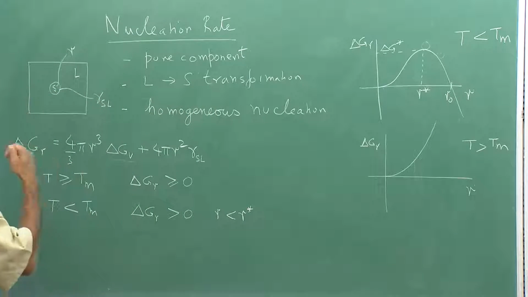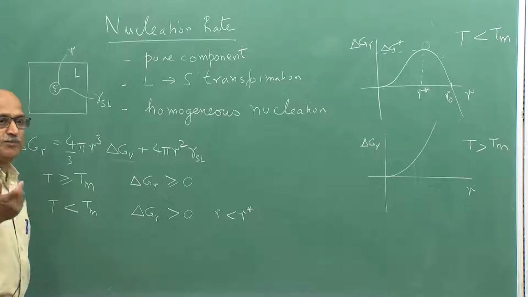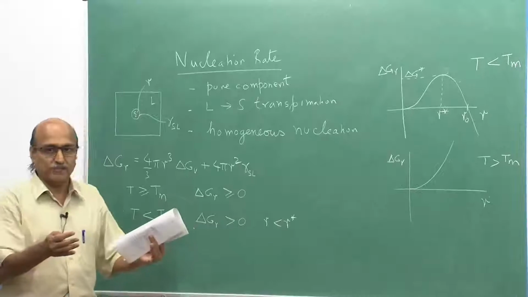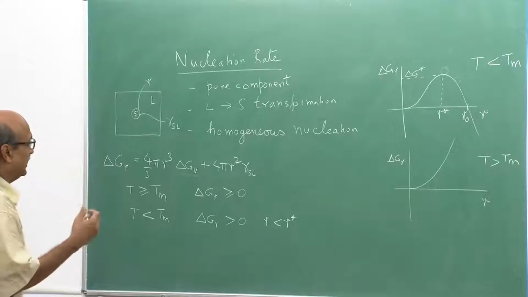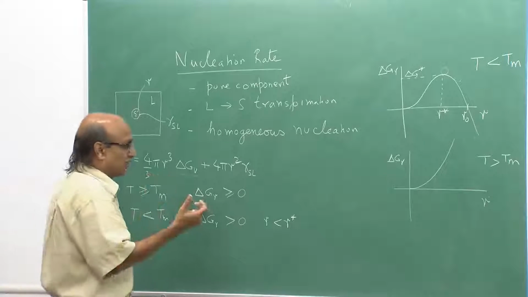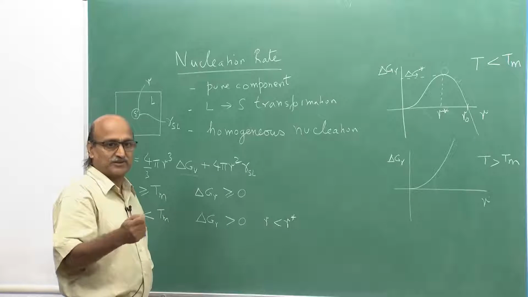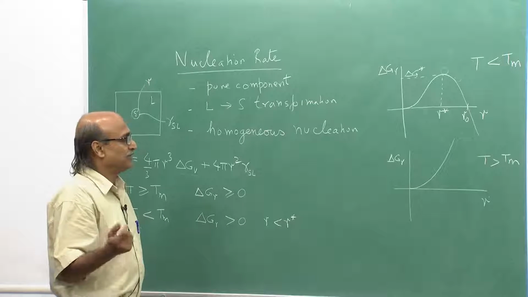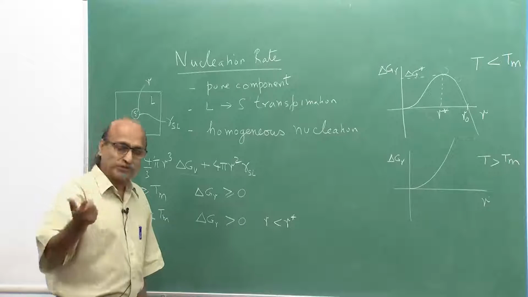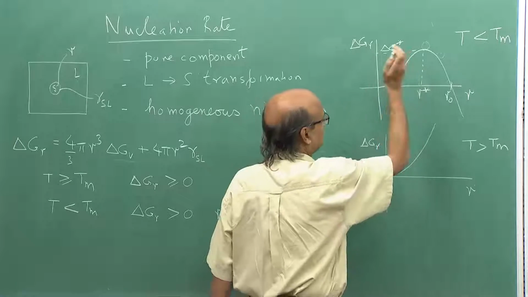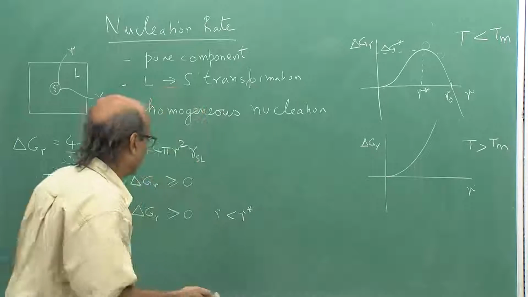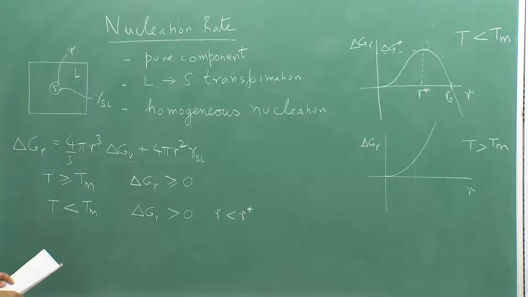Now, how are these nuclei forming? They are just forming by chance when some atoms or molecules come together and form a cluster which has a structure same as the solid. If that nucleus is unstable in this situation or in this situation, then that nucleus will tend to dissolve back.